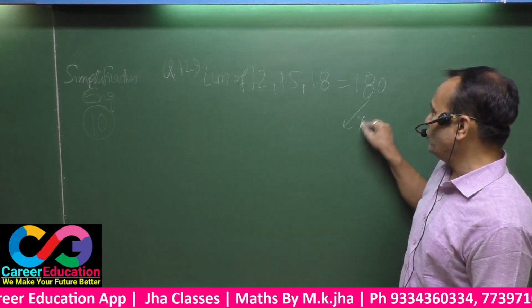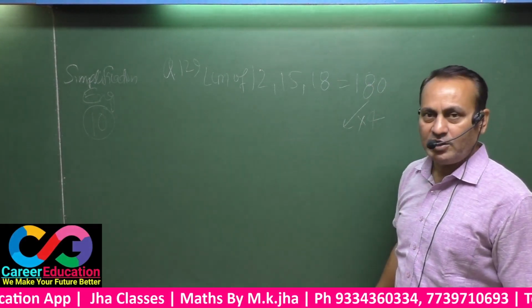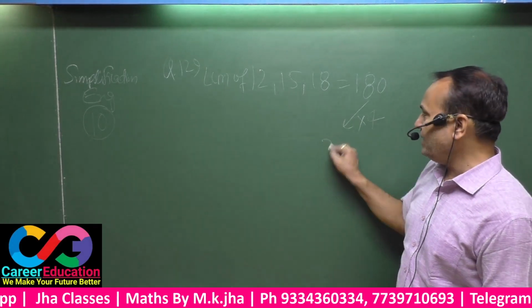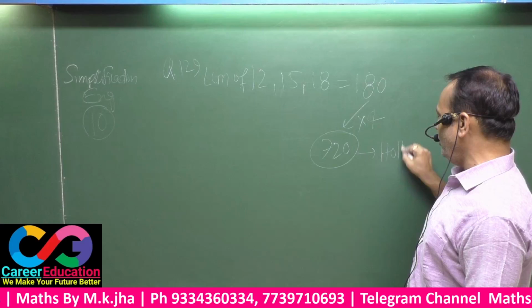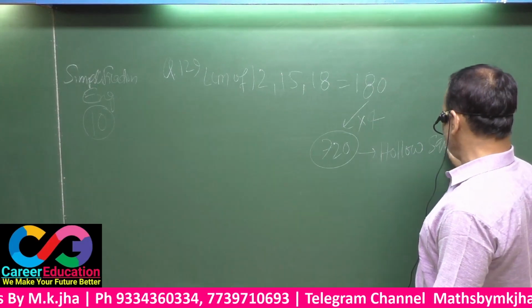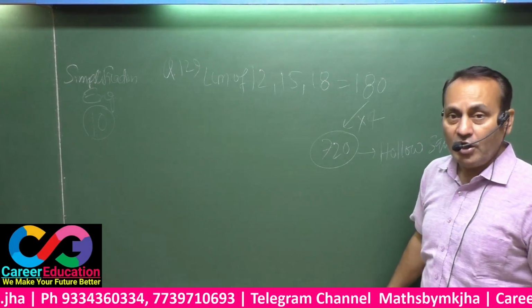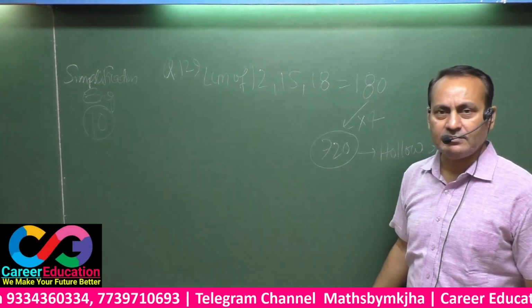That's why you have to multiply the LCM by 4. Then this is 720. That means if only a hollow square is needed, this is your final answer.